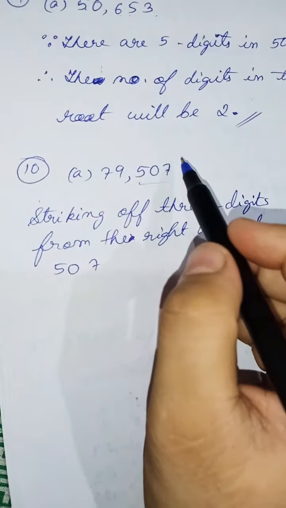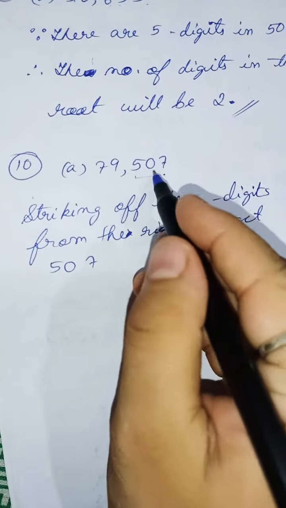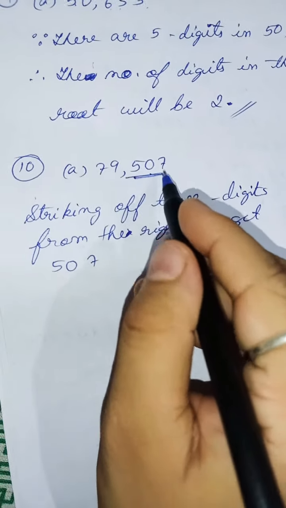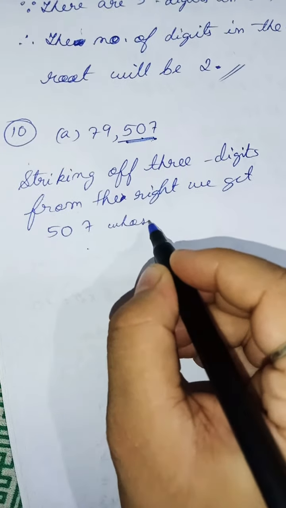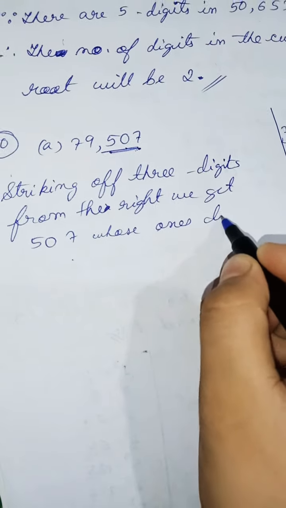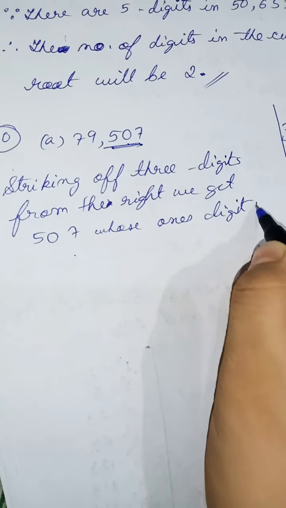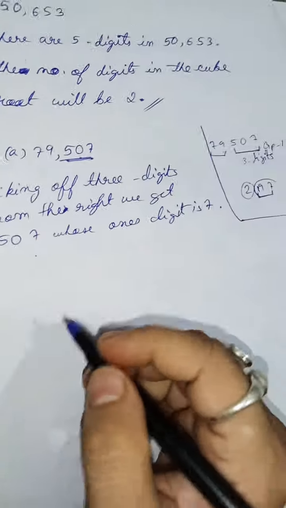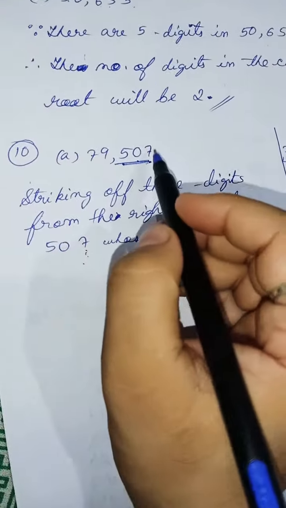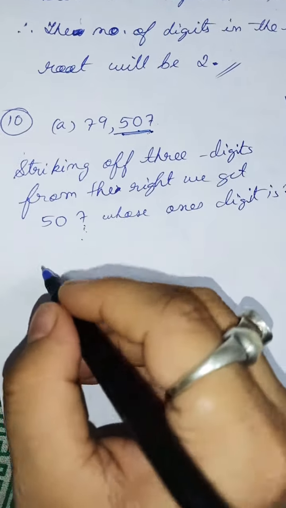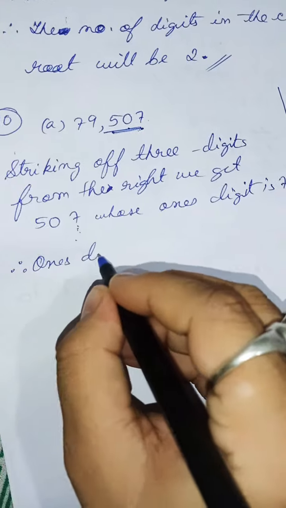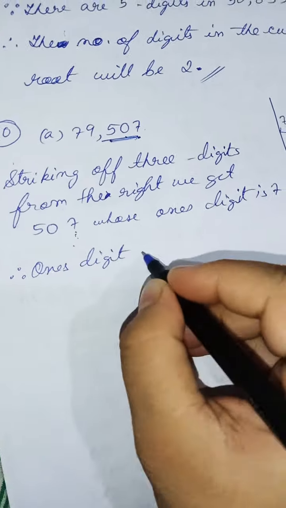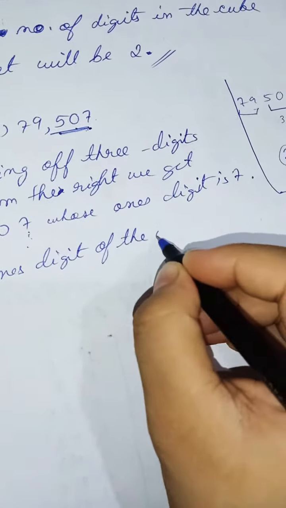If I strike off the 3 digits from the right side, 1, 2, 3, these 3 digits, what is the number I get? 507, whose ones digit is 7. Looking at this ones digit of this number, I can find out the ones digit of the cube root.